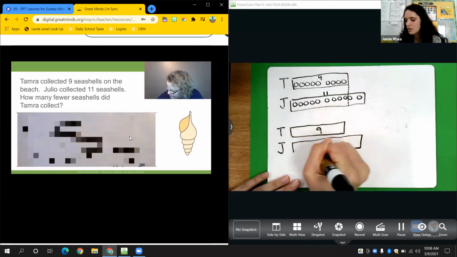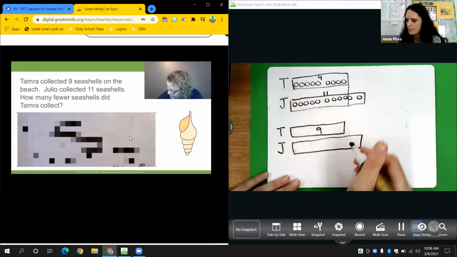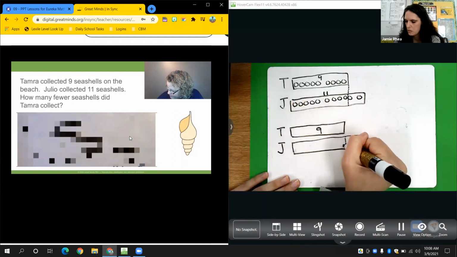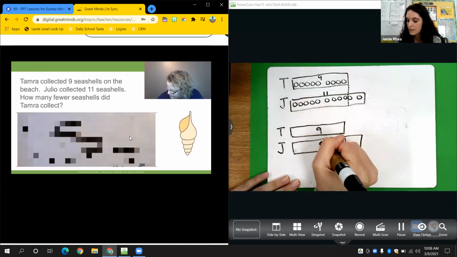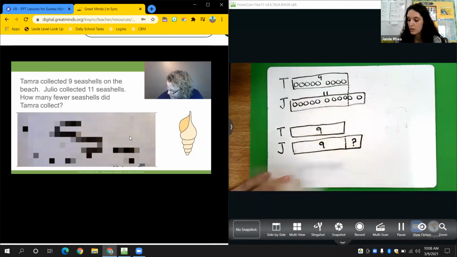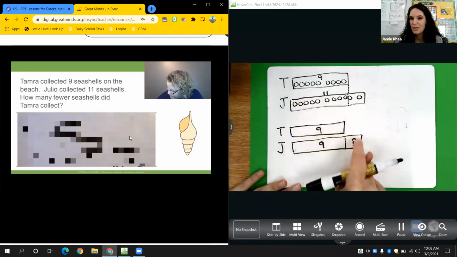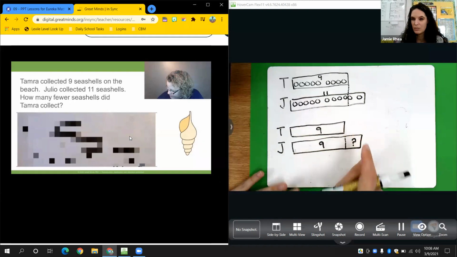And if you need to draw it out, like I did up here, do that, okay? I know this is 9. This is something, okay? But the question is, how many fewer seashells did Tamara collect? So we're trying to figure out how many less she collected, okay?